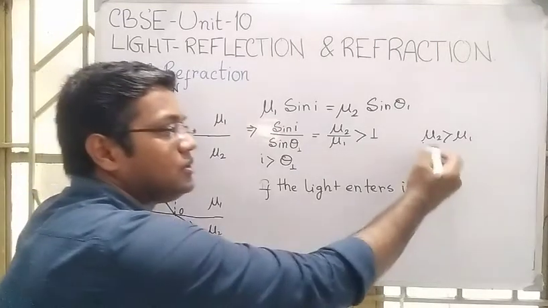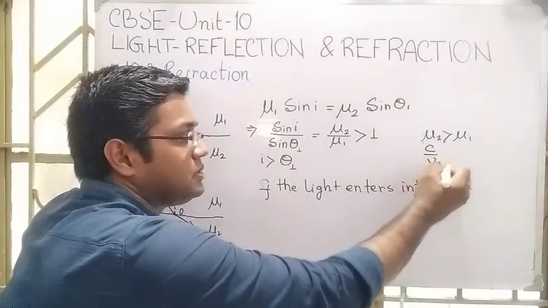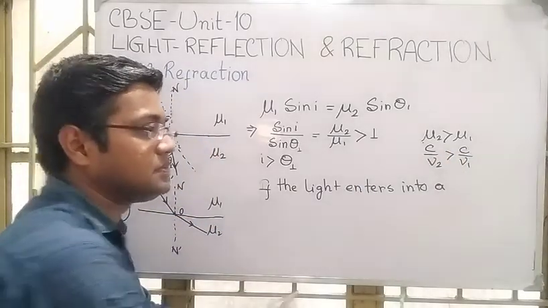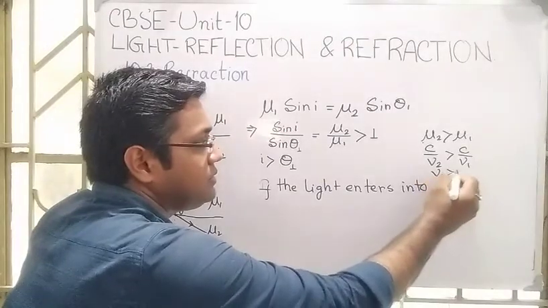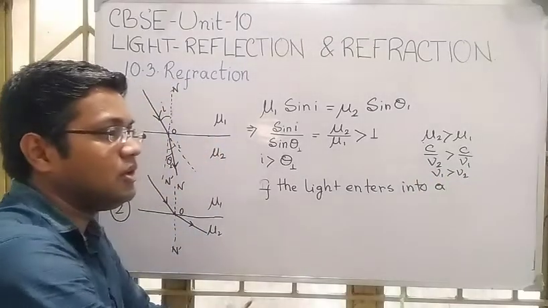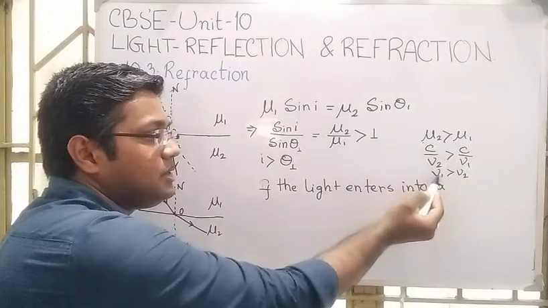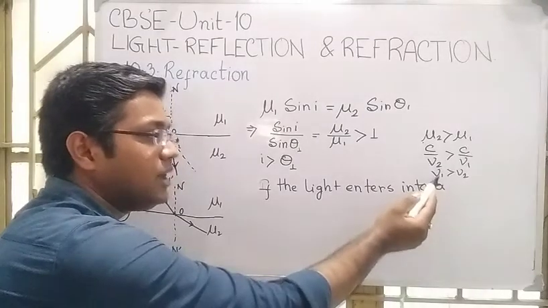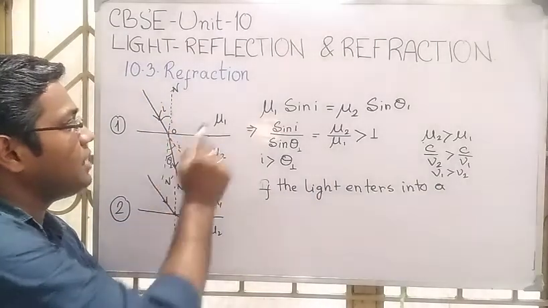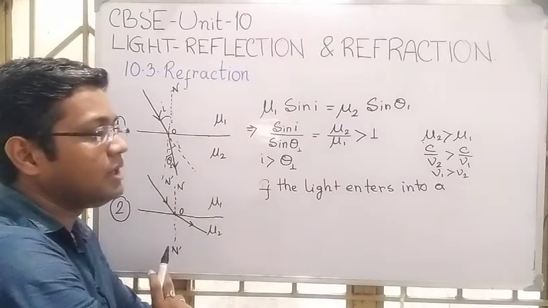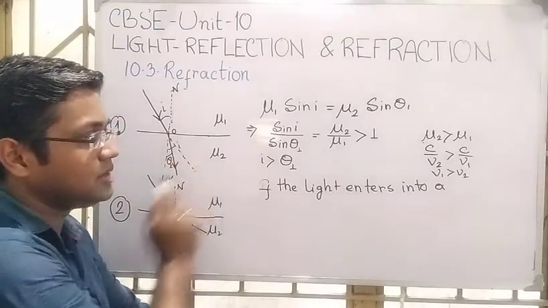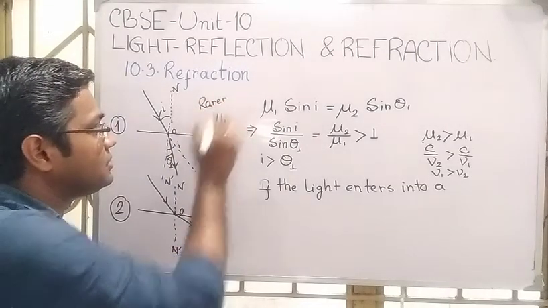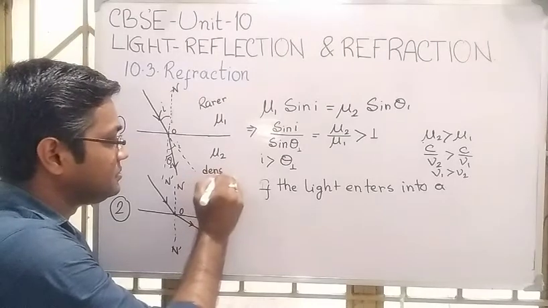So C by V2 is greater than C by V1. Clear? So V1 is greater than V2. If mu2 is greater than mu1, then V1 is greater than V2. The velocity of light in the upper medium is greater than that of the lower medium. So you can consider this as the rarer medium and this as the denser medium.